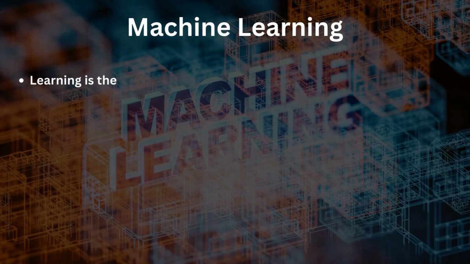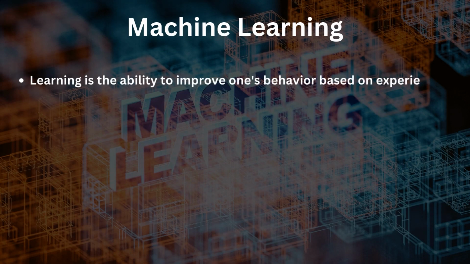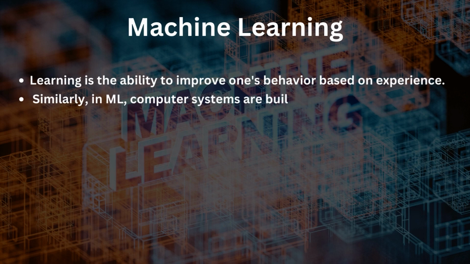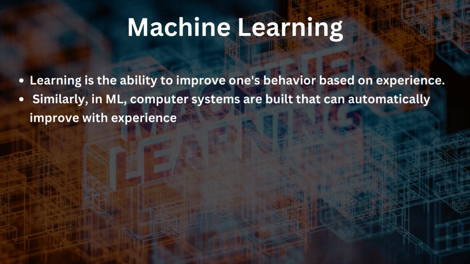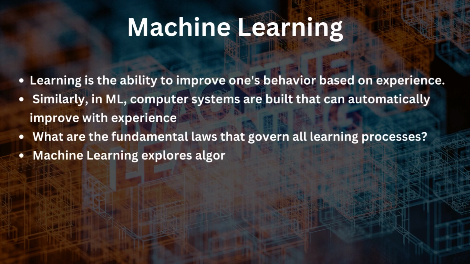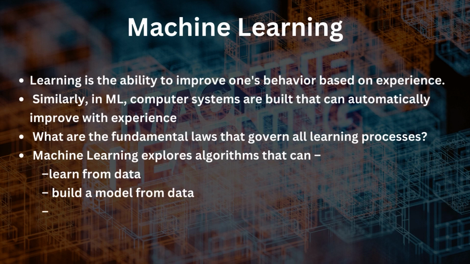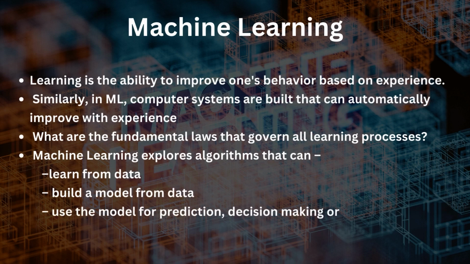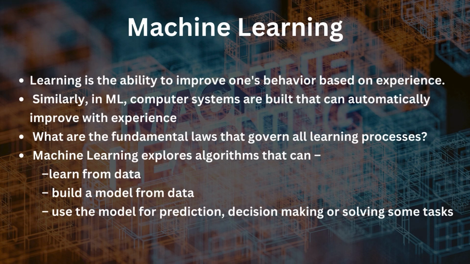So, coming to the point, what is basic learning? One can understand this as an ability to improve one's behavior based on experience. We all know that when we perform a complex task, it becomes easy to solve if we have already solved similar problems multiple times in the past. Hence, our experience plays a very important role in the problem solving process.